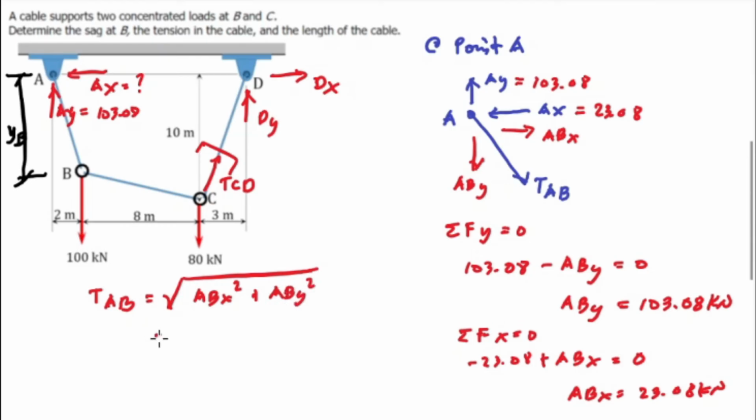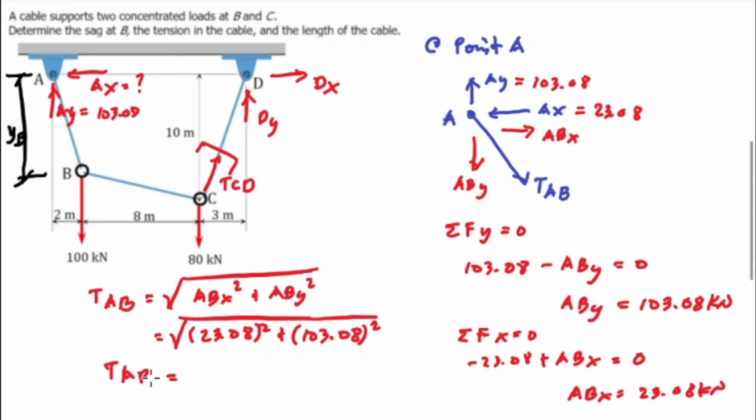AB of x is equivalent to 23.08, so square root of 23.08 squared plus the value for AB sub y, which is 103.08 squared, and the value for TAB, or the tension of cable AB, is 105.63 kilonewton, and it is in tension.